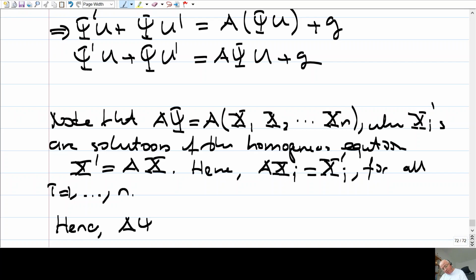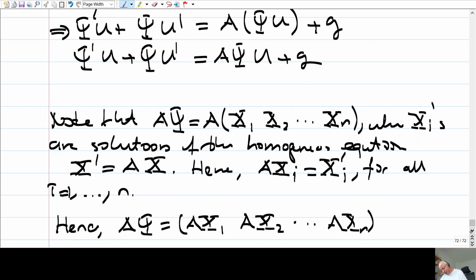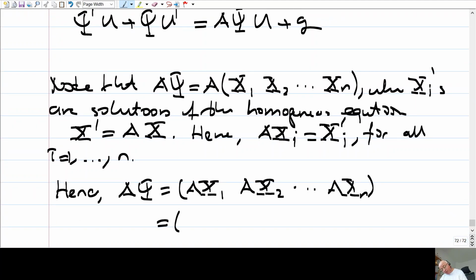A times psi is just what? This is just A times the first column, A times the second column. So the columns of this product are just these. But you know what this is? This is just the first derivative of the first solution, the derivative of the second solution, and the derivative of the nth solution.